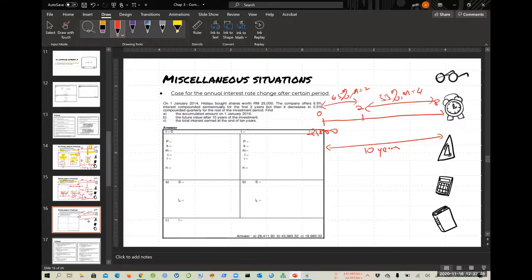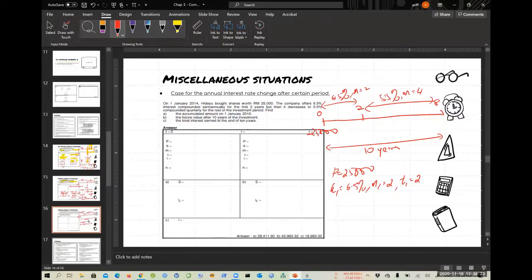Okay, so what is the difference here? I think you can try this one on your own. I just give you some idea how to build up everything. So based on this information, you know that P is equal to 25,000, the initial value, and then you have K1 is equal to 6.5%, with M1 equal to 2 and T1 equal to 2 years.